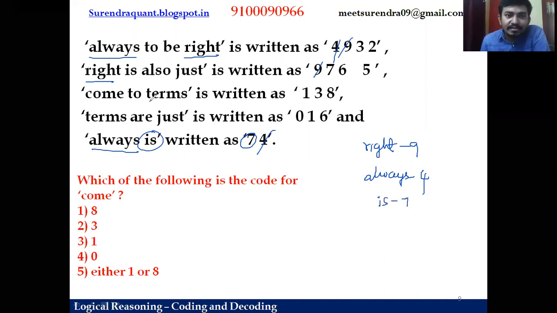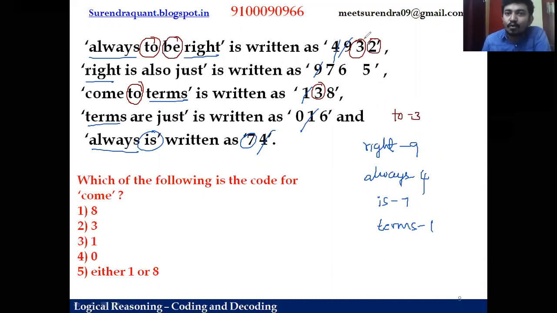Now can you see terms and terms, and only one is common. So we can decode terms as 1. Now compare. Let's continue with this. The same process. Here 2 is common. 2 is common. And 3 is common here, right? So be means 3. Now here only B is left. Only the number 2 is left.